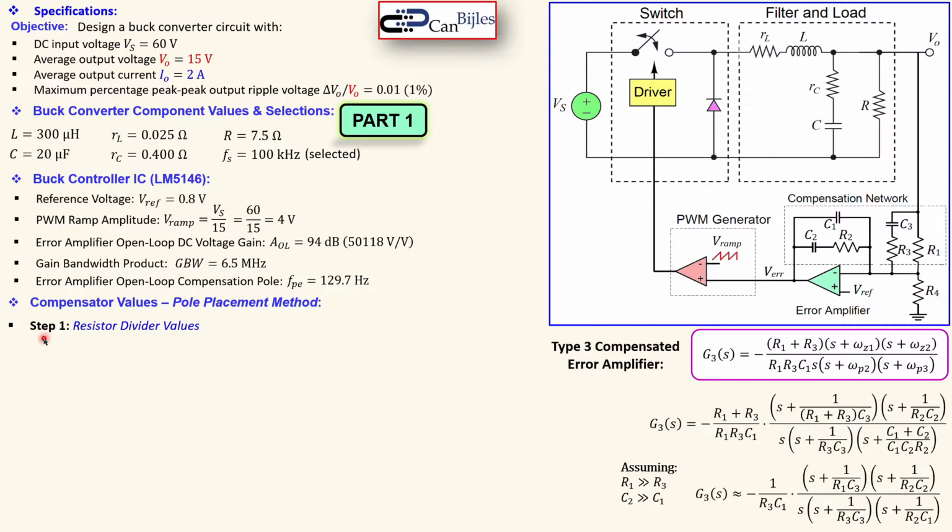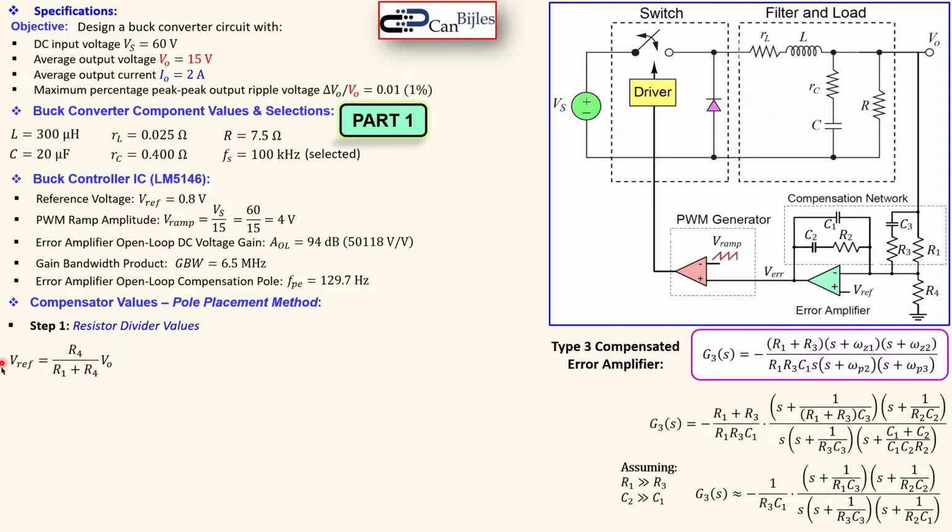Now let's first go to step 1, which is about the resistor divider values. I said already in the output voltage here, we need to divide that using R1 and R4, and apply that to the inverting part of our error amplifier, having the compensation network. So that needs to be compared to the reference voltage of 0.8.